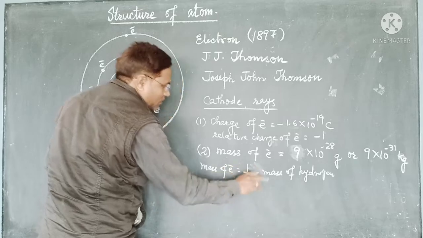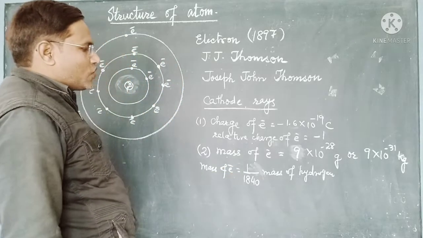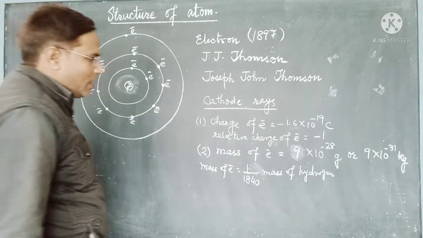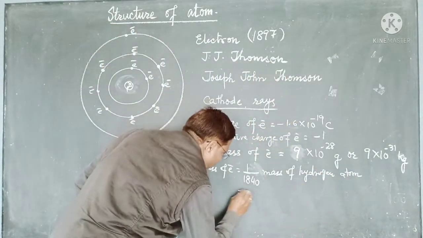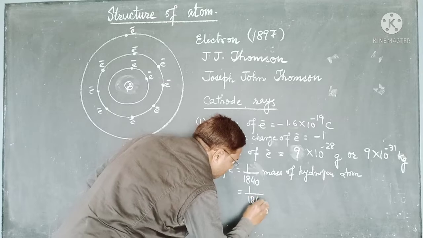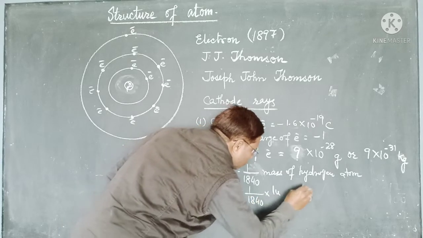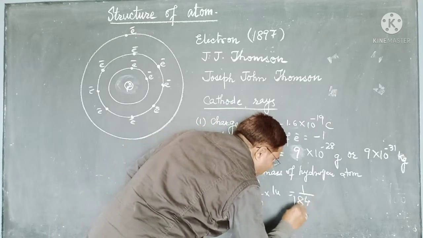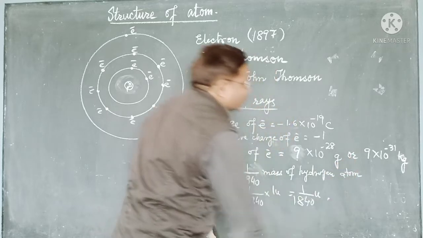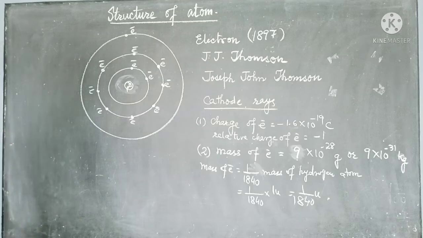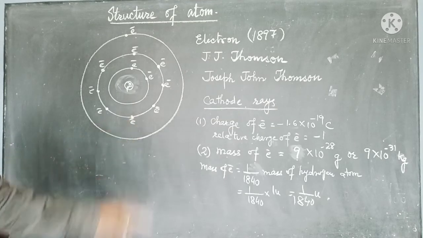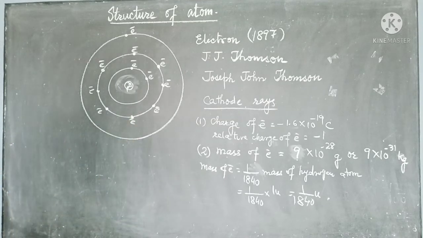So the mass of an electron is 1 by 1840 u.